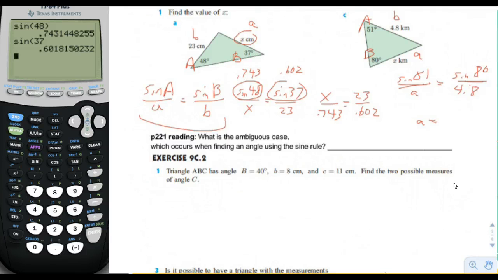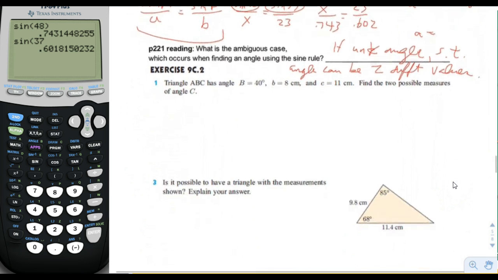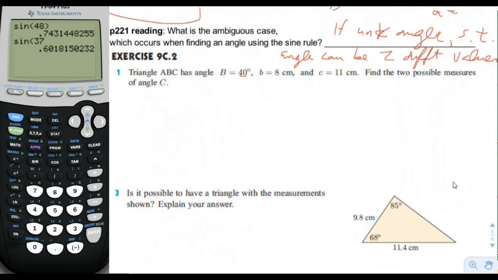That is why this is the ambiguous case: if the unknown is the angle, sometimes the angle can be two different values. Okay?